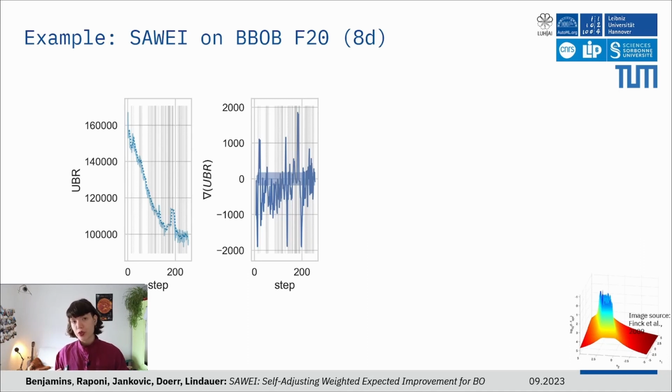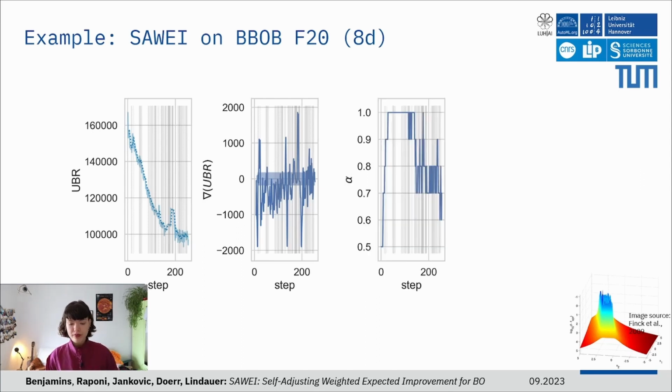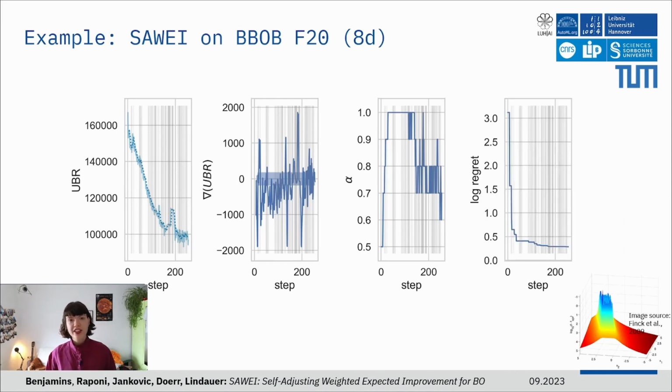That means we should adjust something, indicated by the gray lines. And we check the gradient proportional to the current scale. Then we can see the resulting alpha schedule. So we see that alpha is first increased and then later on decreased and increased again. And lastly, we see the nice thing that the log regret also decreases.